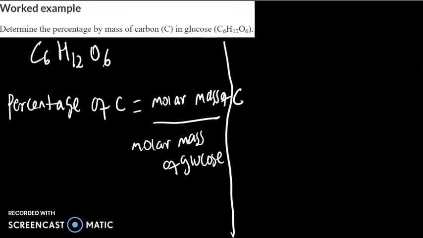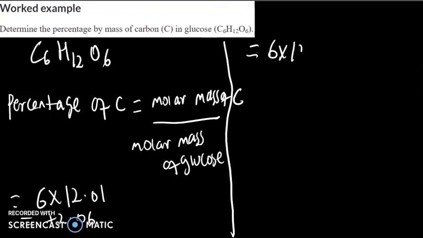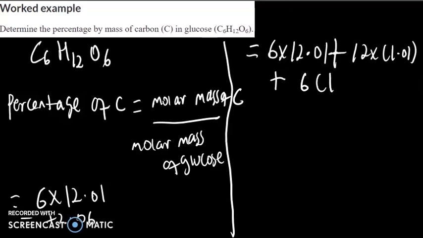Let's find the molar mass of carbon first. The molar mass of carbon will be 6 times 12.01, because the molar mass of carbon on the periodic table is 12.01. That will be 72.06. The molar mass of glucose will be 6 times 12.01, plus 12 times 1.01 for hydrogen, plus 6 times 16 for oxygen, which gives us 180.18.